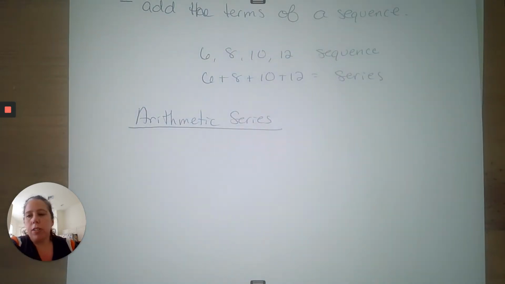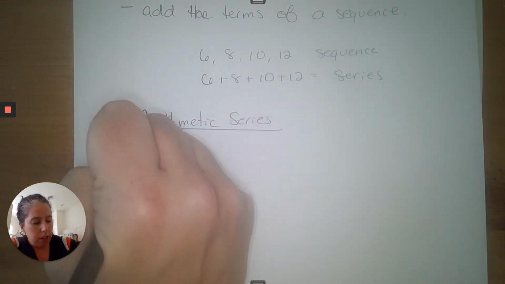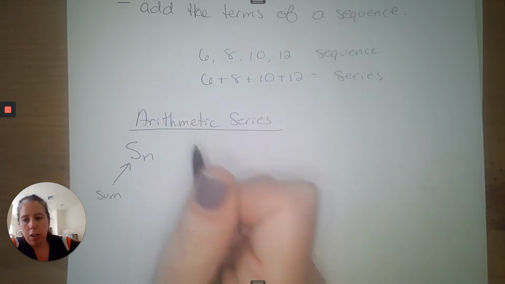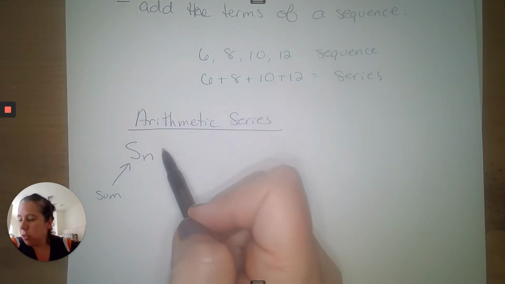There are formulas to these, so make sure you write them down somewhere so you can refer back to them and label them. Okay, so we're going to do S of n. Guys, that means sum. If you see an S formula, that means you're doing a sum, so it's a series.